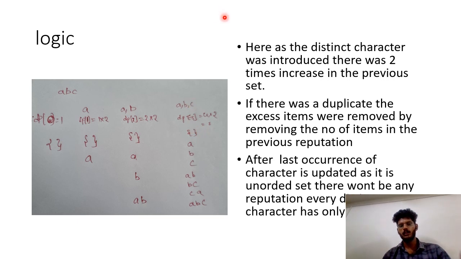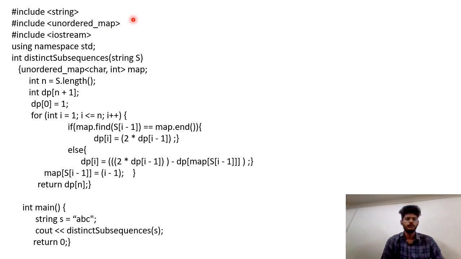We'll see this in the form of code in the next slide, so that we can understand it more effectively and easily. Then I want to explain the code using the logic which we saw previously. Here, in the distinct subsequence method, I give the string as the argument.